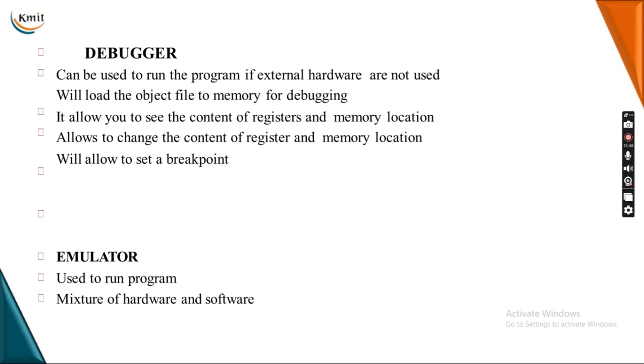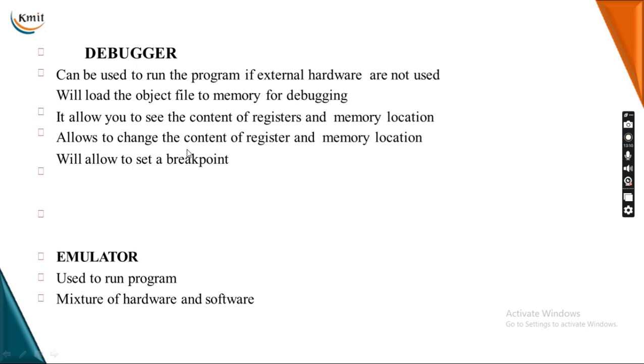Fifth one, debugger. It can be used to run the program if external hardware is not used. It will load the object file to memory for debugging. It allows you to see the content of registers and memory locations. It allows you to change the content of registers and memory locations. It will allow you to set a breakpoint.